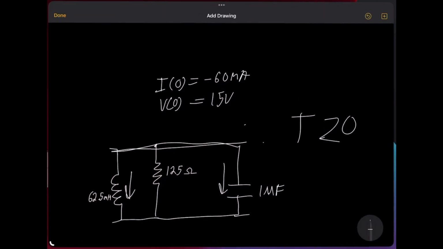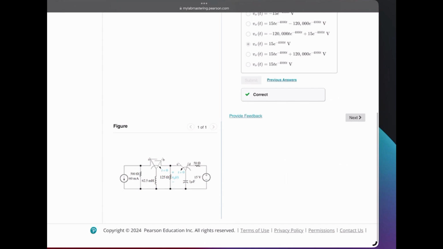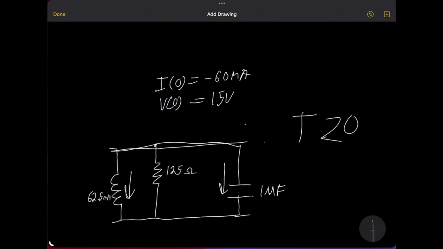And what are we going for? Voltage as a function of time. Through where? Across the resistor. We want this. Across the resistor. Okay. So, voltage as it goes through that resistor. Well, let's just figure out the voltage for the whole thing, really.